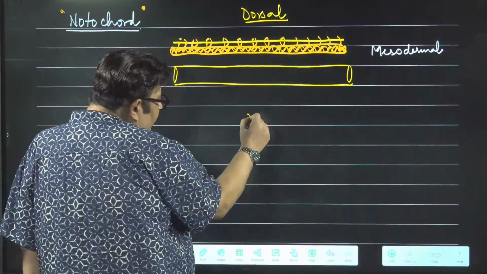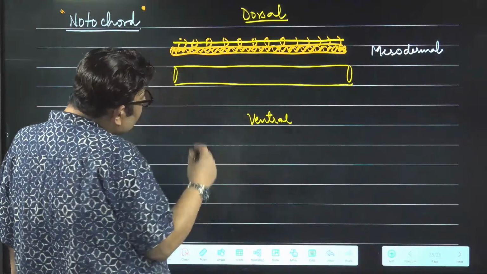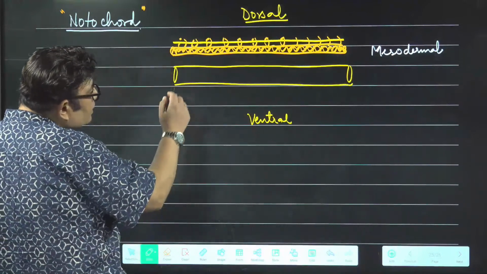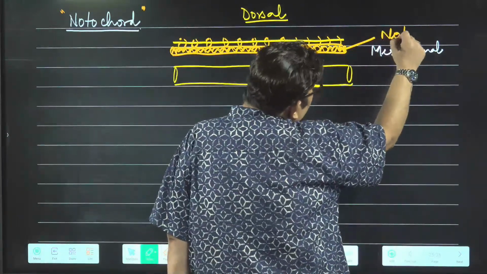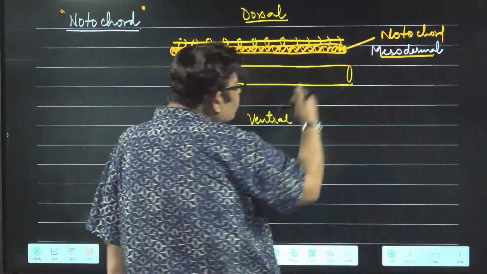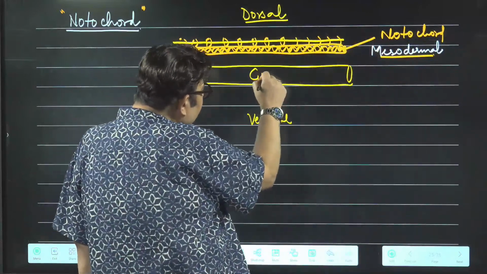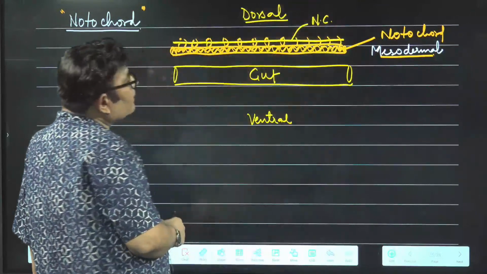And this is their ventral region, ventral side, ventral. The placement of the notochord, this is the notochord, and this is the gut. This is the nerve cord, NC, nerve cord.